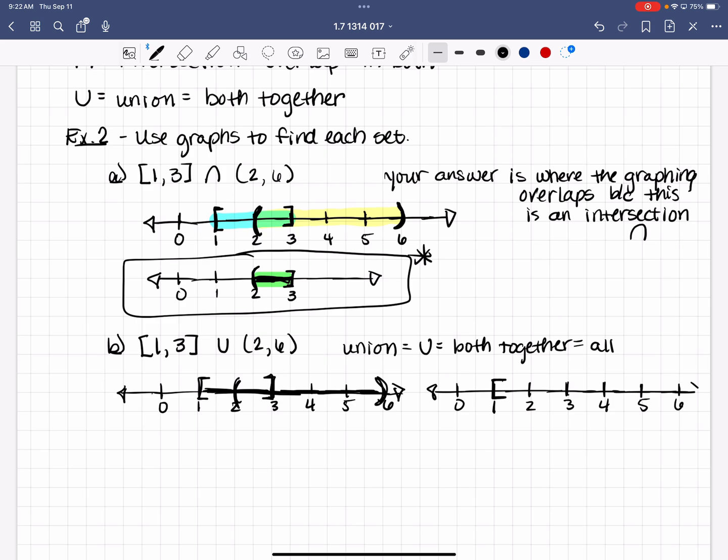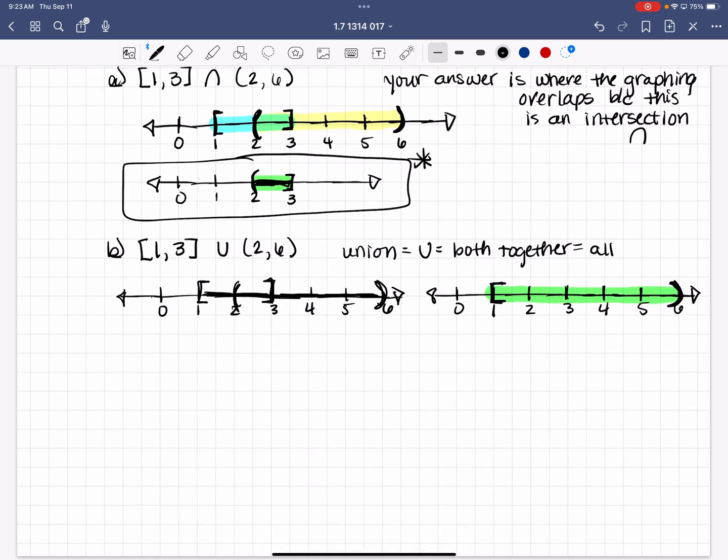Okay, and that 6 has a parentheses, and I'll do it in green, since that's how we did our answer a while ago. Okay? Goes from 1 to 6, because you're uniting the parts together. That a little better? All right, let's look at example 3.